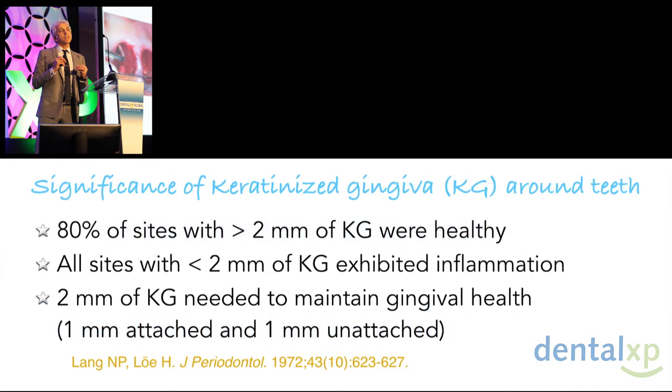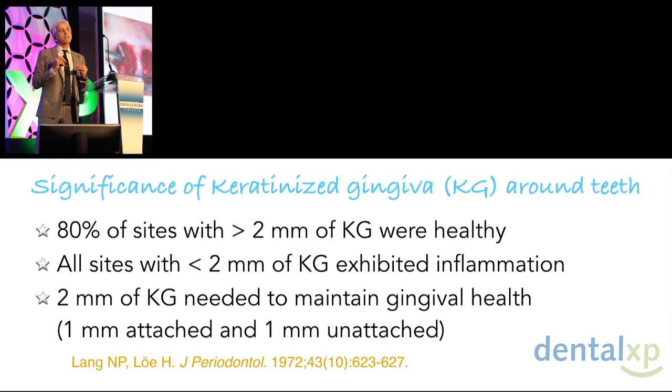When it comes to teeth, the first landmark studies of Lang and Löe back in the 70s pointed out that we needed a zone of attached keratinized gingiva of about 2 millimeters for the health of teeth.